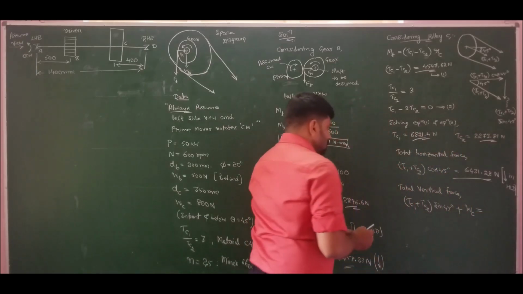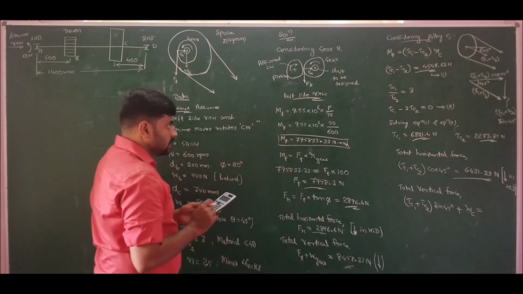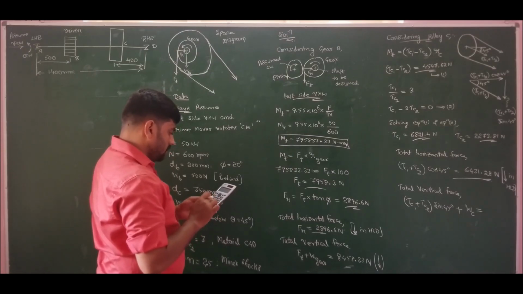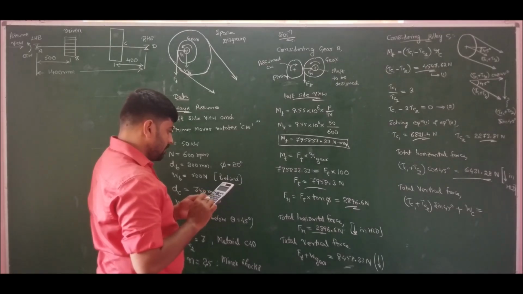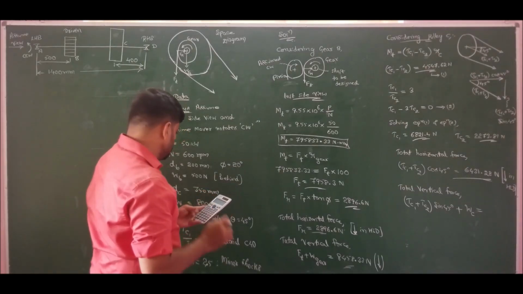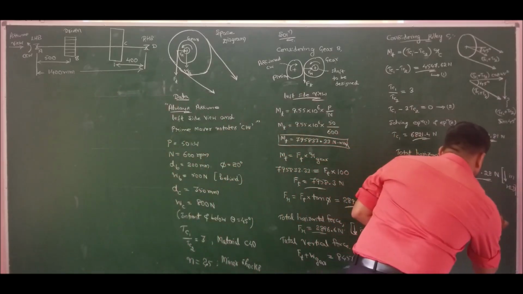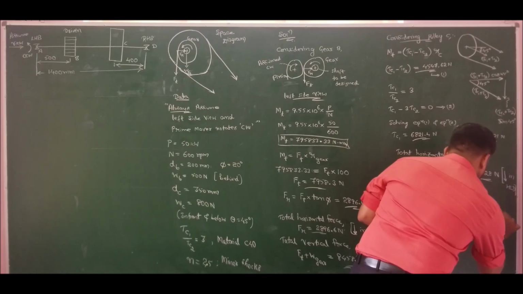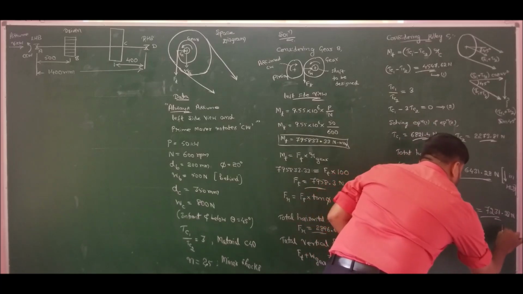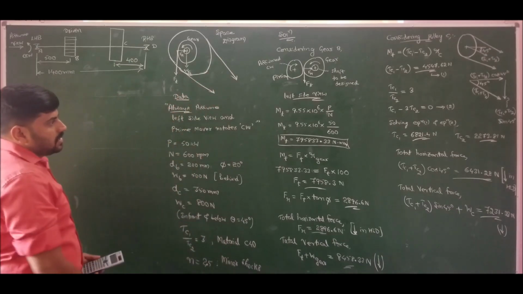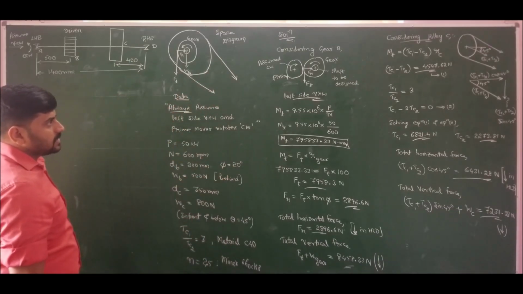So this is equal to (6821.4 plus 2273.81) into sin 45 degrees plus the weight, which is 800 newtons. This turns out to be 7231.28 newtons. This will act vertically downwards because both the weight and this force are acting vertically downwards. So this completes the calculation for us.